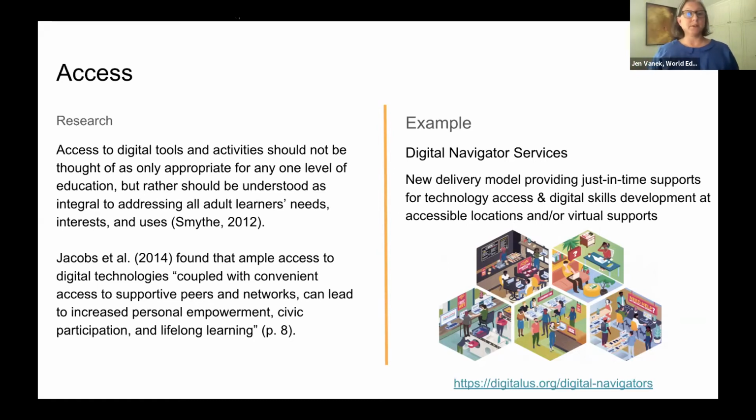These places tend to be located in places that are convenient for learners, which is right now online, but conceived to be happening in libraries, one-stops, American Job Centers. There are even some nascent examples of this happening in boxing gyms or in cafes where there's somebody there that can provide access to a device but most critically give support for digital skills instruction and making use of that device.